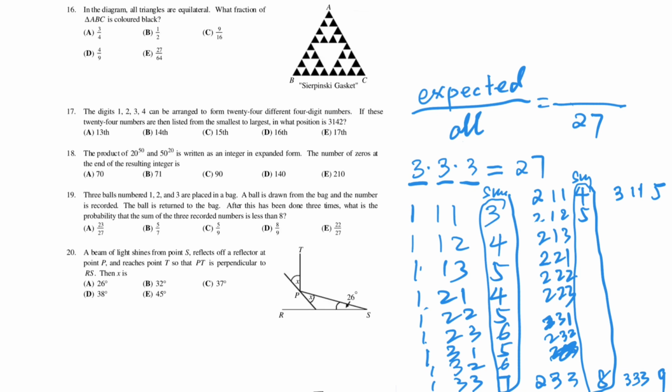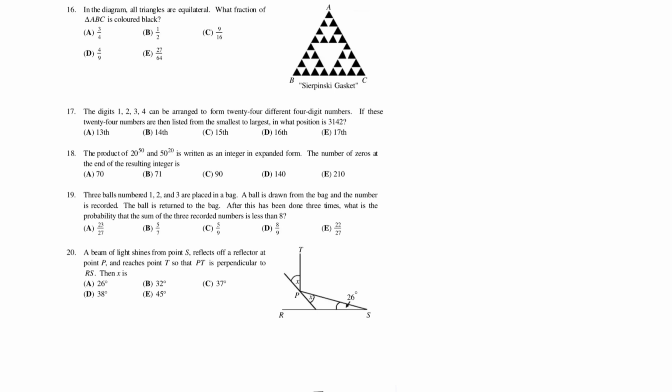For 3: 3, 1, 1, 3, 1, 2, 3, 1, 3, 3, 2, 1, 3, 2, 2, 3, 2, 3. That's 8. And 3, 3, 1, 3, 3, 2, still 8.